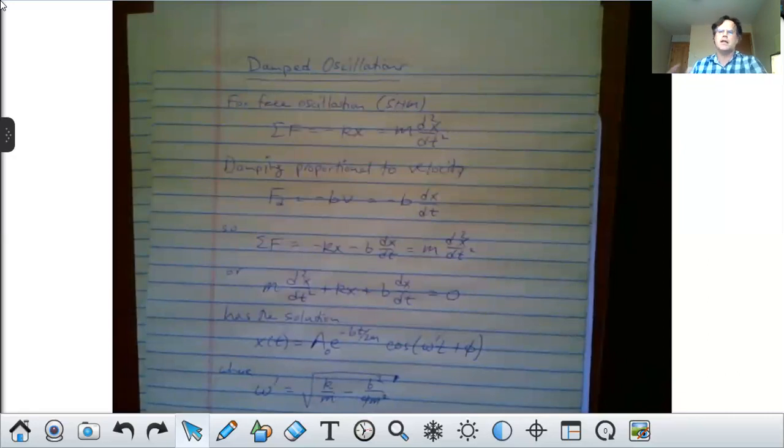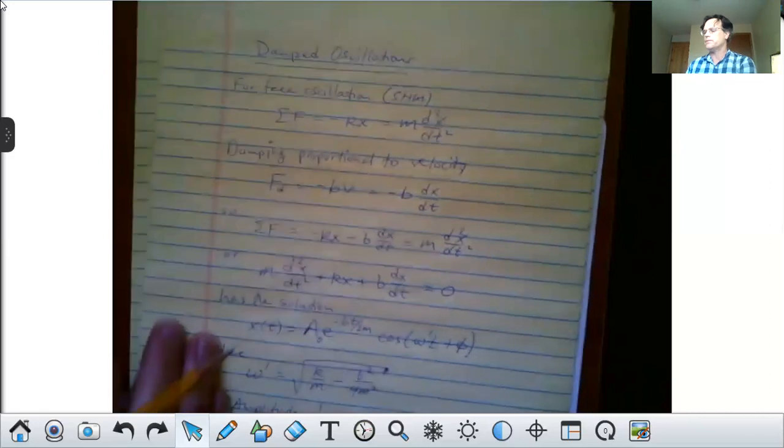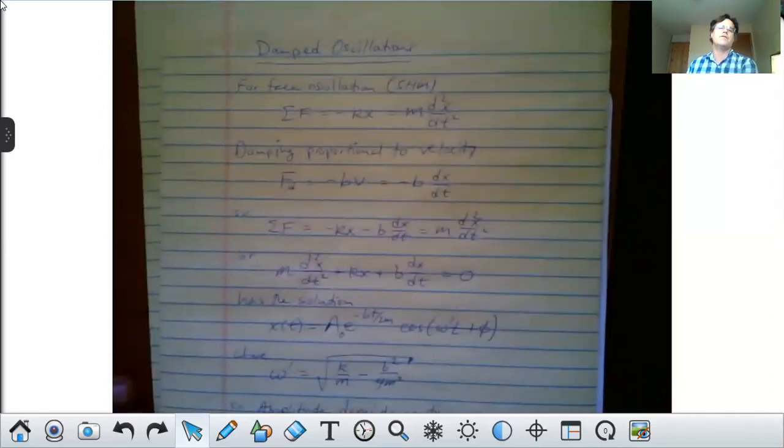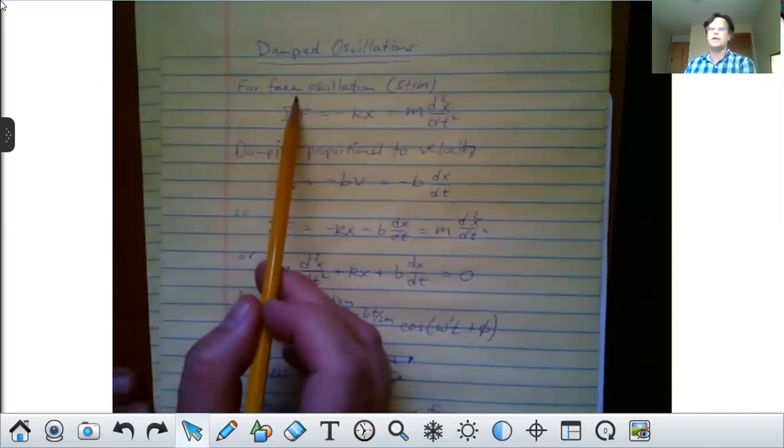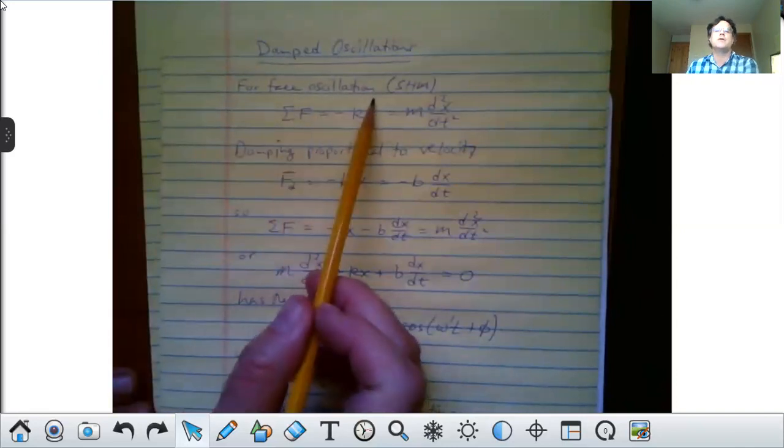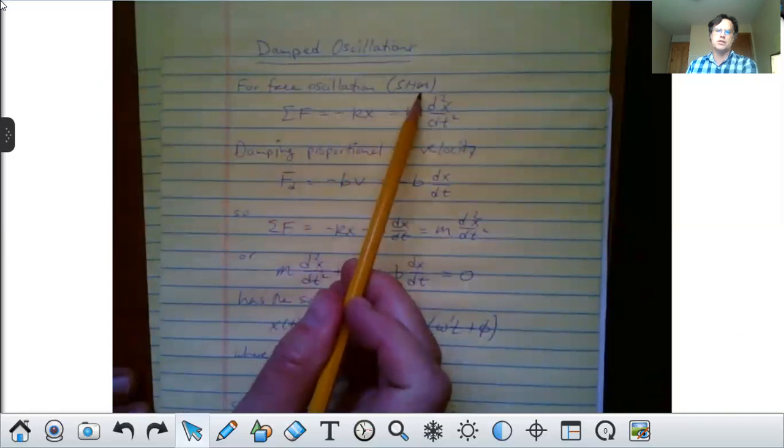But damping is kind of like friction. We don't have a good theory or theoretical calculation of it. We've got to use a formula that's derived from experiment, or empirically. So we're going to consider our damping force, but first of all, we remember that for a free oscillation, we found that we had simple harmonic motion.